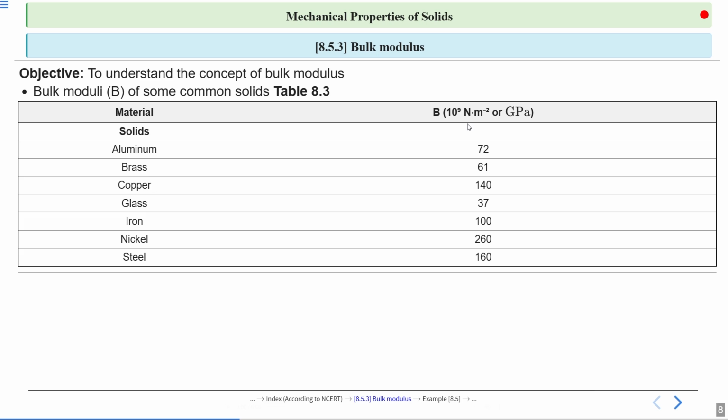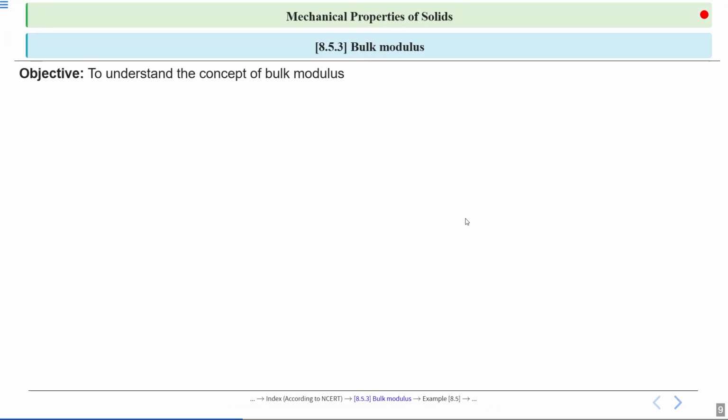While nickel is much higher at 260. This means nickel is much more resistant to compression than aluminium. I hope this is clear.